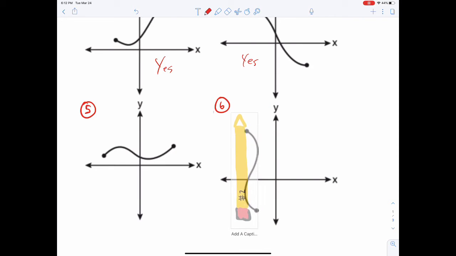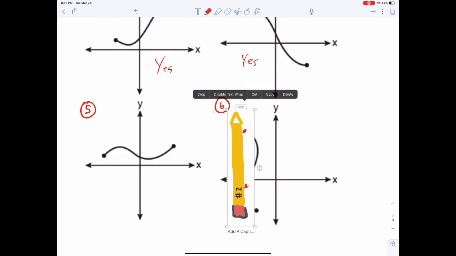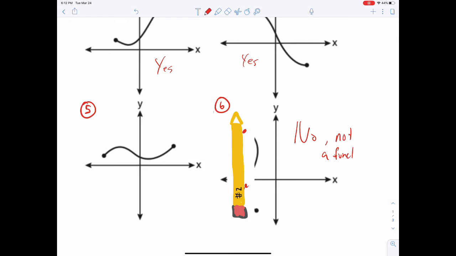If you look right here, we're touching the graph here and here. You guys see right there, we're touching 2 points at once, so it's no, not a function. Fails the vertical line test.